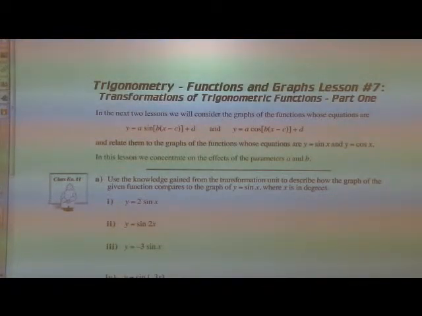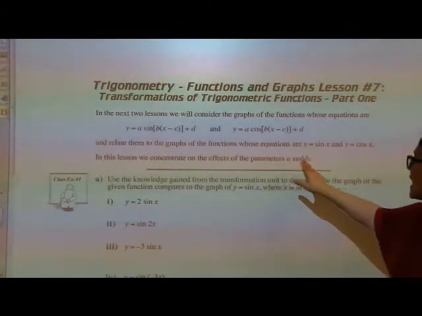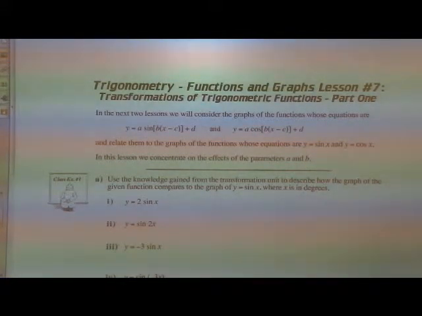What does adding an A value or a B value or a C or a D do to the graph of cos x? So if we go back to our replacements and we go back to some of our general understandings, we should be fine. So what we're going to look at in this lesson is what A and B do to the graph.